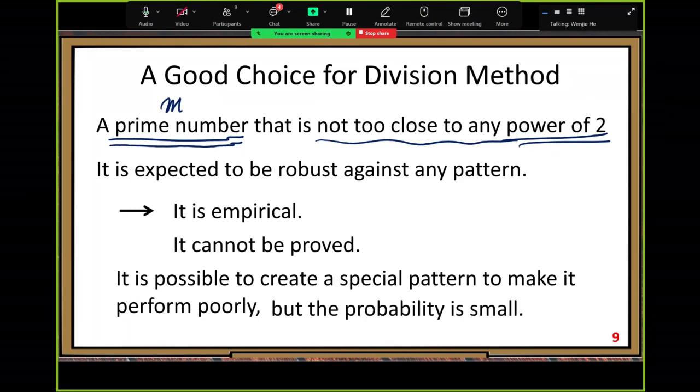But the probability is small, and if the probability is small, we don't worry. There is a bottleneck, and that's very common. Many algorithms have some bottleneck. For example, quicksort, although it's very useful, has some bottleneck. So for our hash function, it's possible there is some bottleneck.